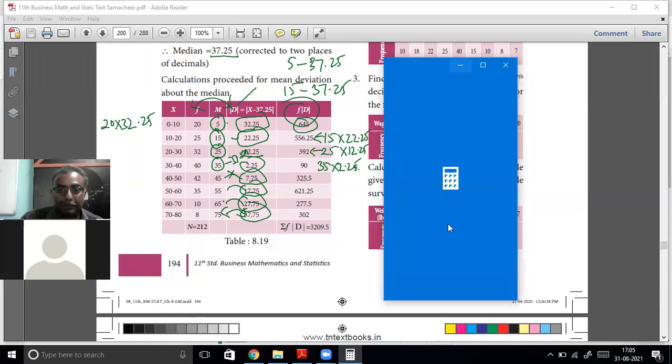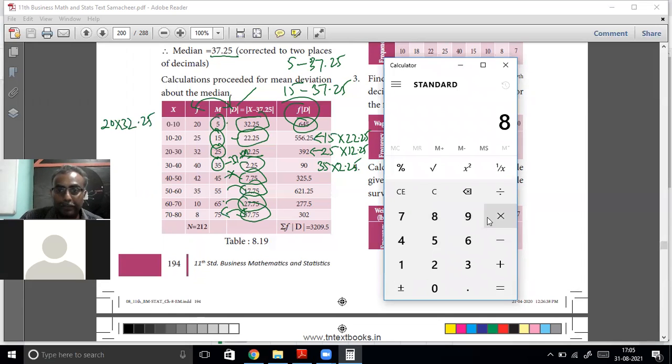You have to multiply frequency F into D. Uncle, it is 298. 302. So 302 is correct. So like that again, 35 into F into D.